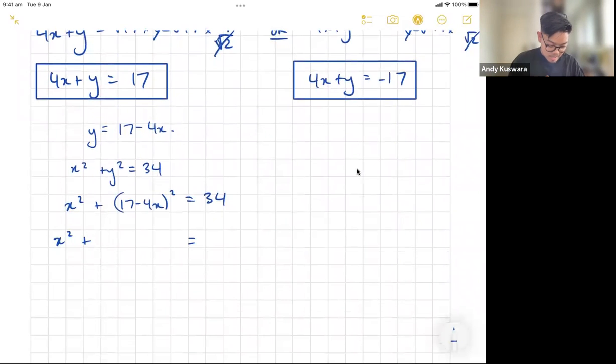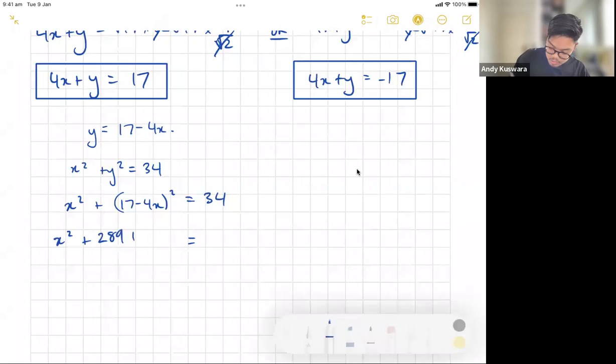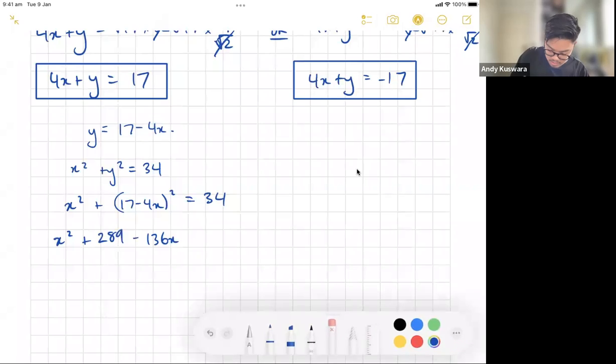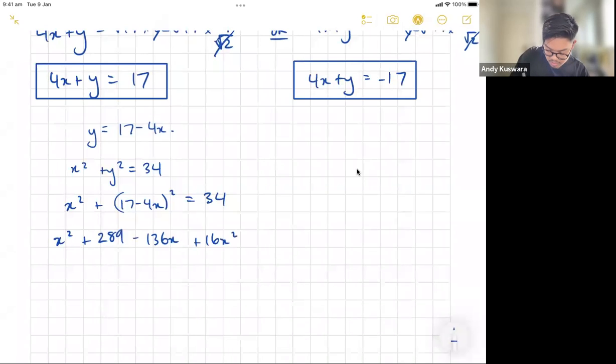Man, this would be so much nicer if I had a proper calculator, which is 289. And then it should be minus 17 times 4 times 2, so this would be minus 136x, and then plus 16x squared equals 34.